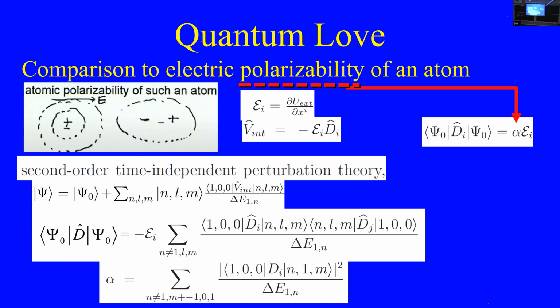The result is a non-vanishing electric polarization, and the coefficient of that electric polarization is called polarizability. The Love numbers are just these numbers for gravity. It's a second order time independent perturbation. In fact, looking at your paper after our discussion, I think you have a diagram with 2 Qs, which is similar to this.